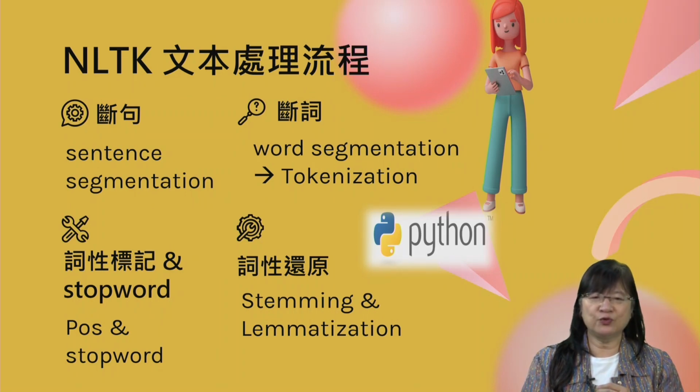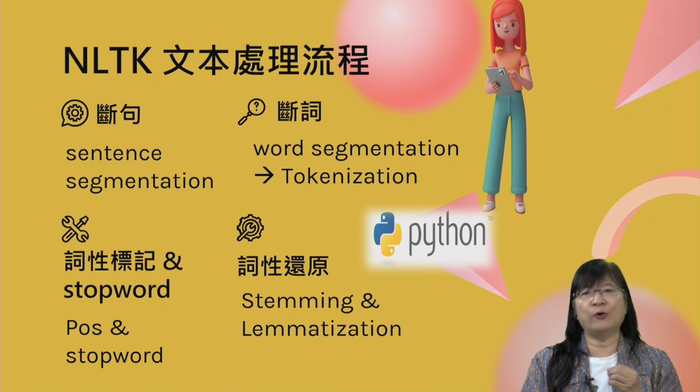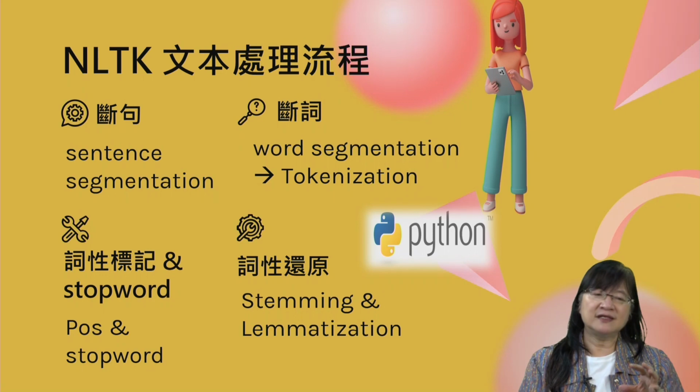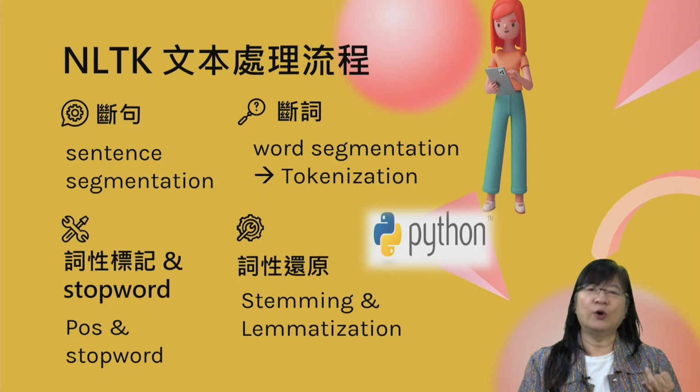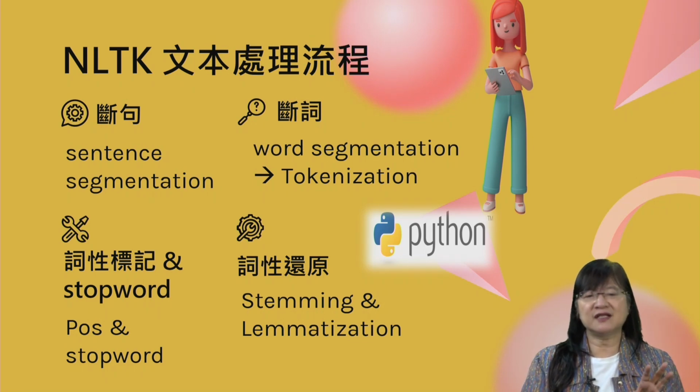And from these words, okay, we try to figure out their POS, the parts of speech. And some words, when we analyze that, we don't really analyze them. For example, the prepositions at, on, or it, or the, those for grammatical function, those are stop words. We don't analyze that, okay?